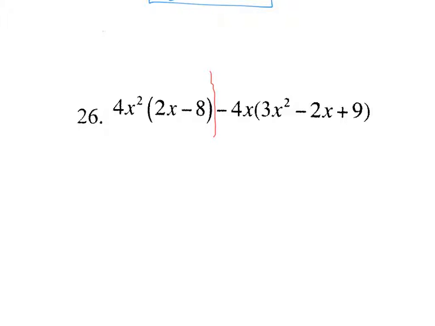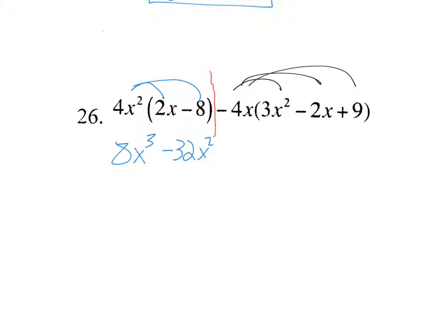Okay. The idea here is, take the left side, treat it like its own little problem here. Distributive property, you get 8x to the third minus 32x squared. And then do the problem on this side, totally separate, but a problem you are familiar with, distributive property.